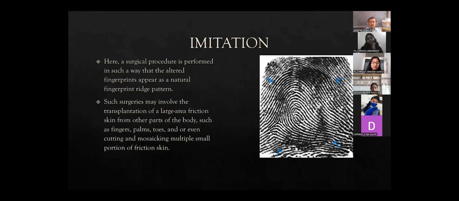The transplanted fingerprints can successfully evade existing fingerprint quality control software. If the surgical scars due to the transplantation are small, it can even deceive inexperienced human operators. The next slide.